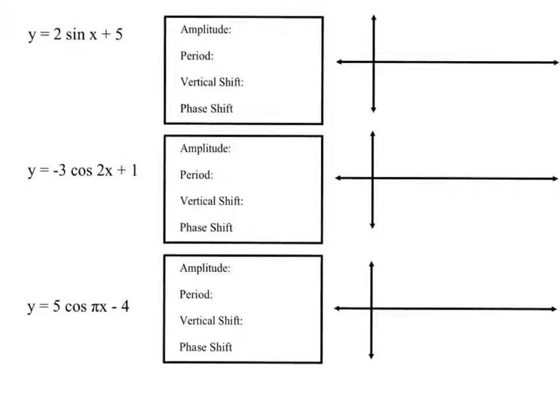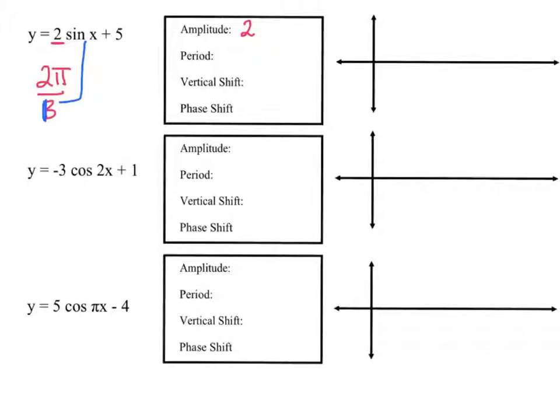So in this case, the amplitude. Well, the amplitude is how high the function goes from its middle. We can always get that by looking at the lead coefficient, so the amplitude is 2. The period: to calculate the period, we always do 2 pi divided by b. b is simply the coefficient, so in our case, the coefficient would just be 1.